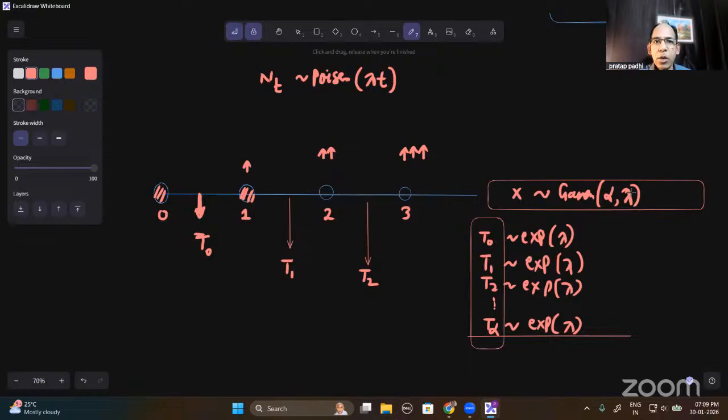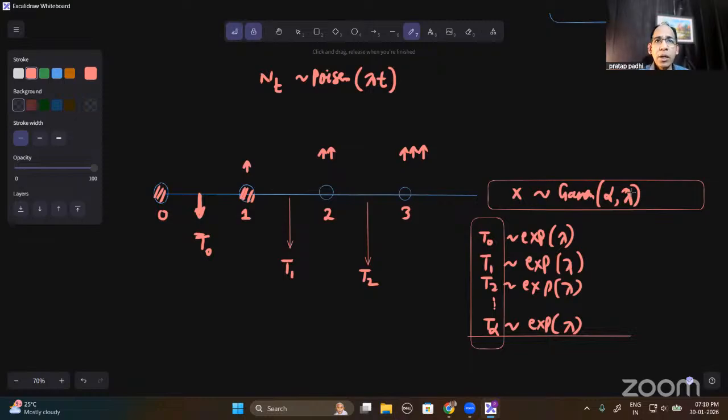Buses are randomly coming, not at fixed times. If I wait till the first bus, that waiting time follows an exponential distribution with parameter lambda, and that lambda must have been estimated before. If you wait till getting the 5th bus, then that will be your gamma distribution with parameter 5 and lambda. Normally we write alpha and lambda.